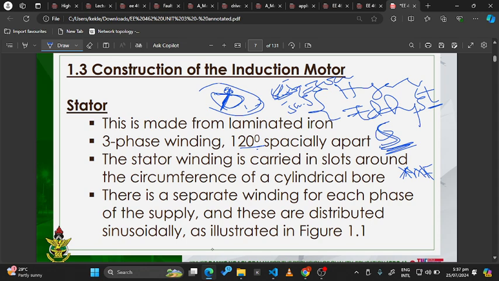Then some people decided, why don't we create some small holes and push these windings into the holes? If we do that, we can reduce this gap. Let's assume that to produce a flux of, say, 50 milliwebers, you would need maybe 30 amps.